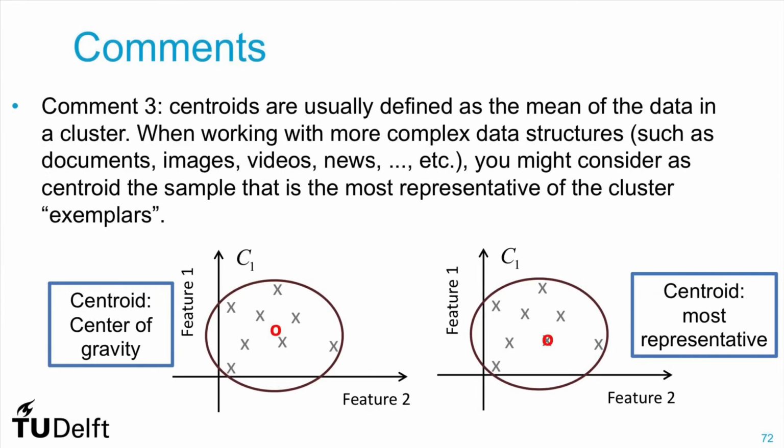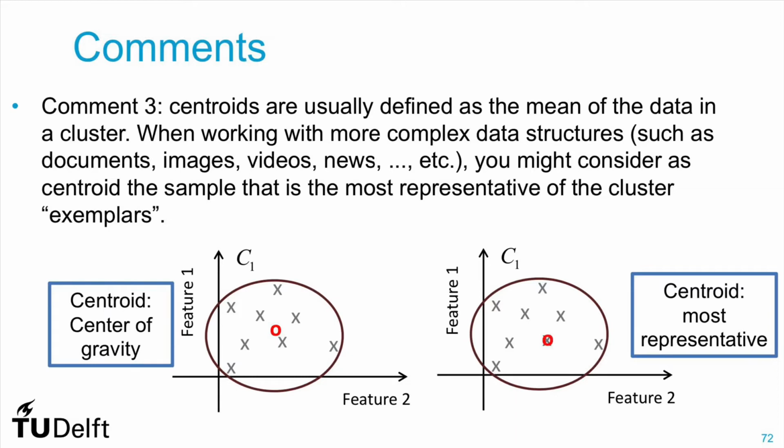A final comment I have is that the centroids are usually defined as the mean value of the data in the cluster, and we will see the reason why. But when working with other data structures, for instance news or videos or images, the average of different images will be something that has a difficult interpretation.